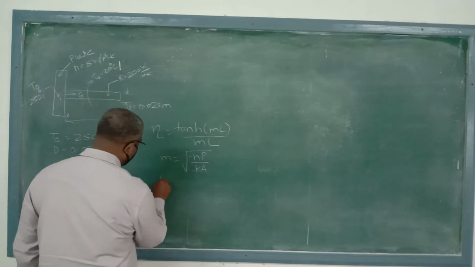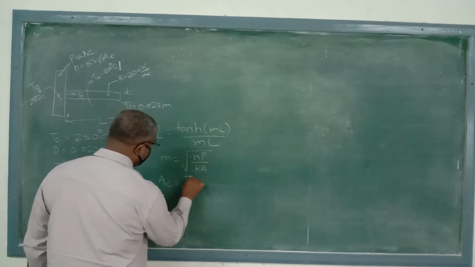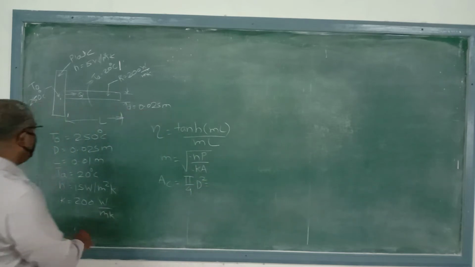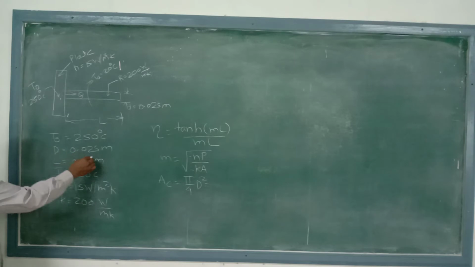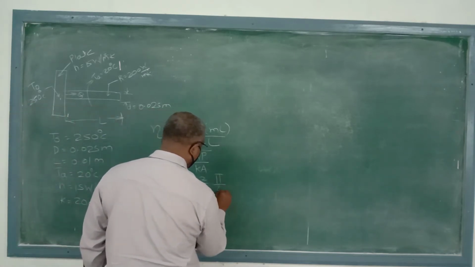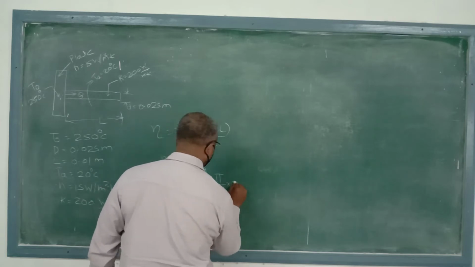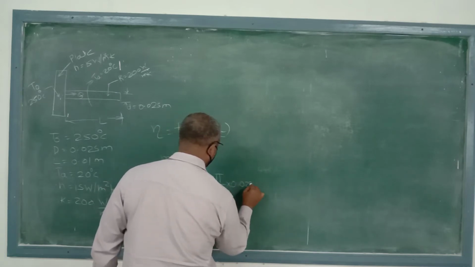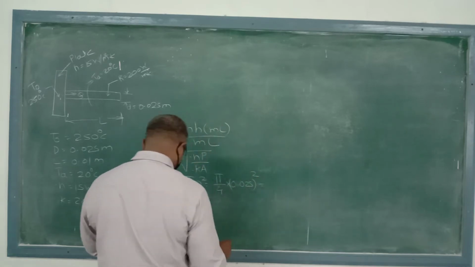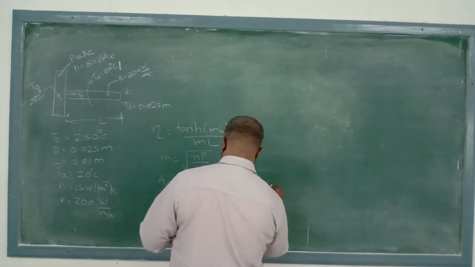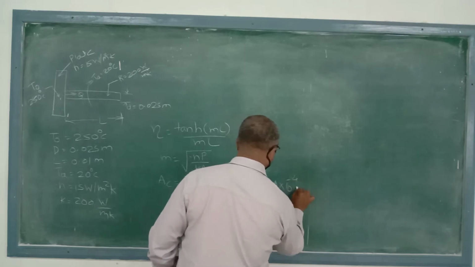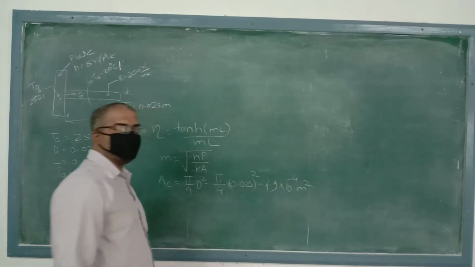Okay. So cross section area A_c is equal to pi by 4 d square. Okay. Diameter they have given 0.025. So we are going to substitute this value in this equation. Pi by 4 into 0.025 square. So value becomes 4.9 into 10 raised to minus 4 meter square.